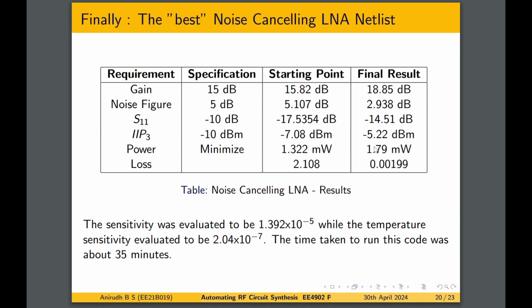Thus, the power has slightly increased, and the sensitivity was evaluated to be around 1.392 × 10^-5, while the temperature sensitivity evaluated to be 2.04 × 10^-7, and the time taken to run this was about 35 minutes for the normal gradient descent optimization for this case.